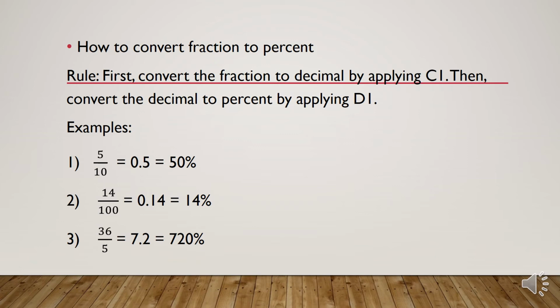So 5, 0. Since there's no number after the 5 going to the right, just add a 0. So the answer will be 50%. The same with example number 2 and 3, same rule as the first example.